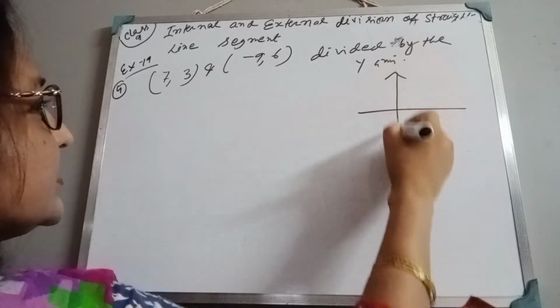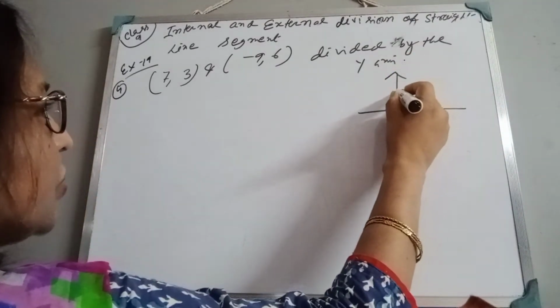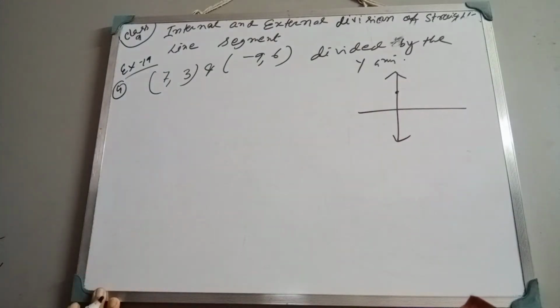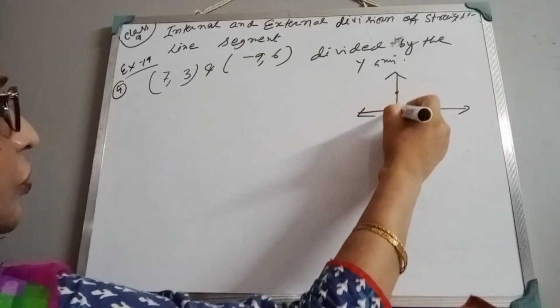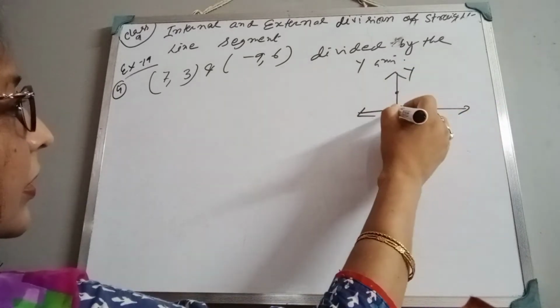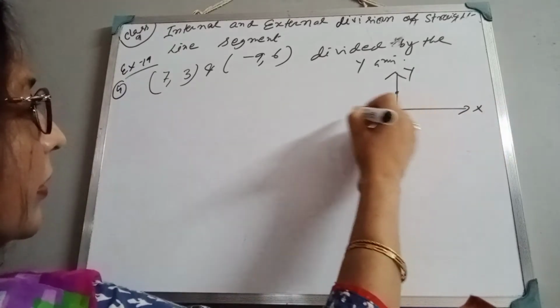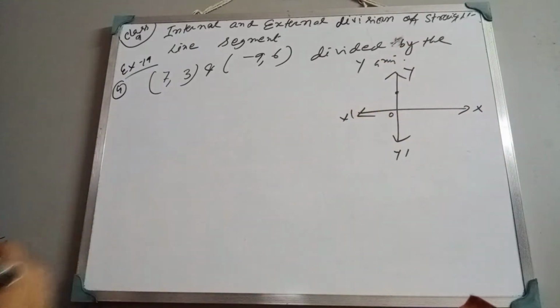On the y-axis, any point on the y-axis always has x coordinate 0.